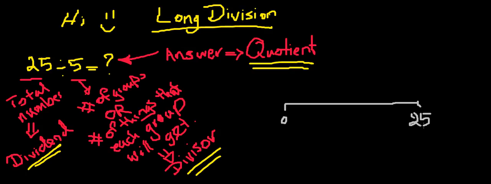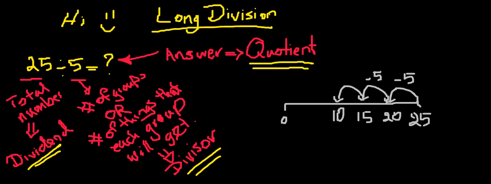Each jump you make on the number line represents a group. So I'm going back 5, subtract 5, this would be 20. I still need to keep going till I get 0. So this would be 15, subtract 5, this would be 10, subtract 5 once more, and lastly, one more time. Each is a subtraction of 5.